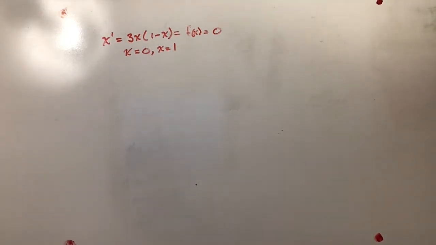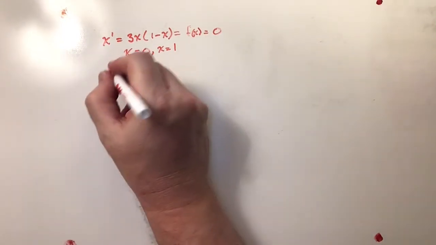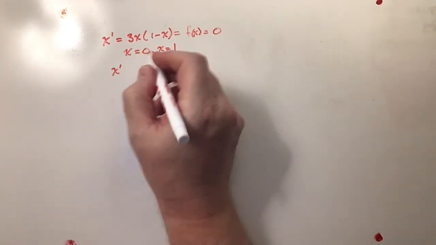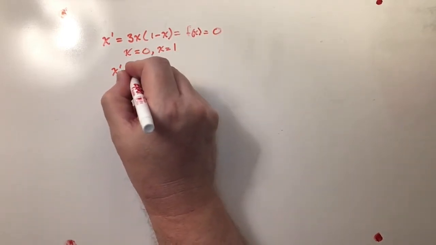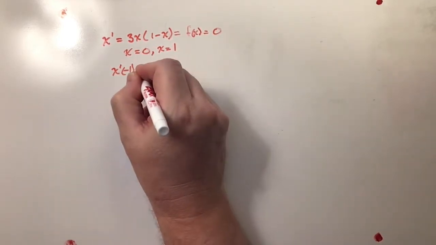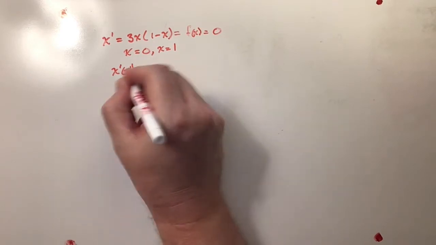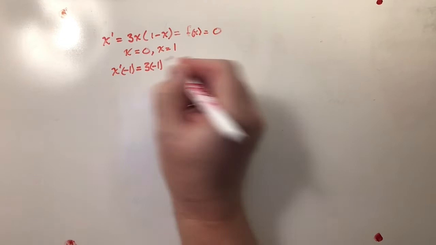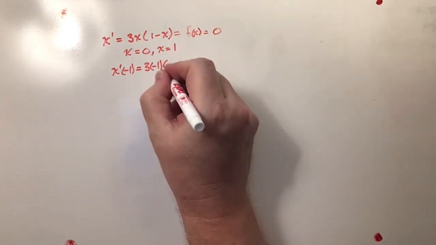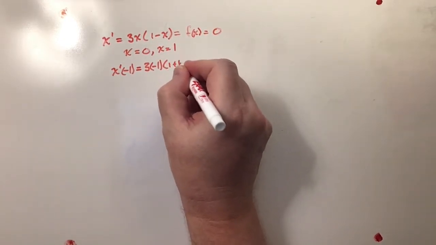And just like we did before, we're interested in the behavior of the slope right before and right after the critical point, so we can see whether it's trending towards or away from the equilibrium line. So I want to find x prime of some number less than 0. It doesn't really matter what it is, so I'm going to say -1. So x prime of -1 is going to be 3 times -1, and then 1 minus a -1, or 1 plus 1.